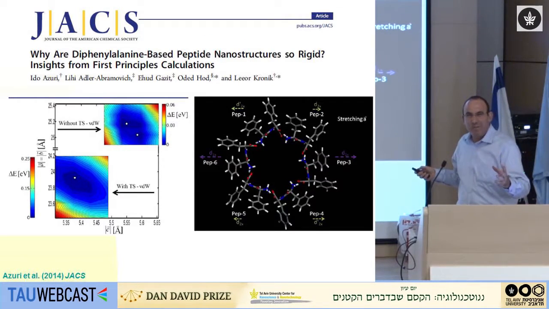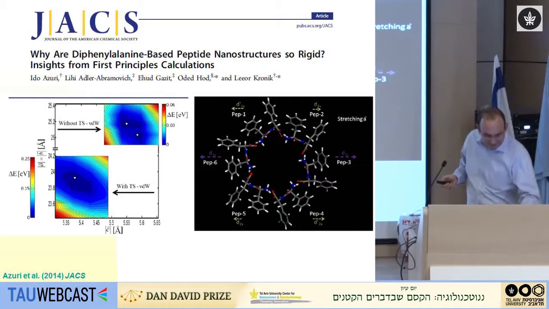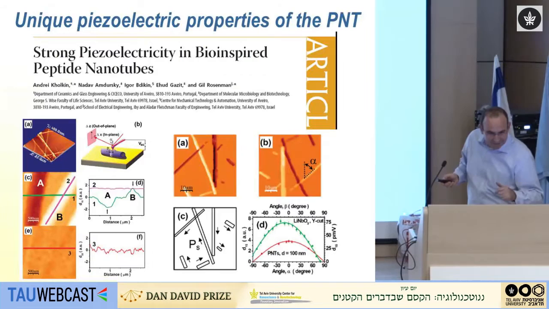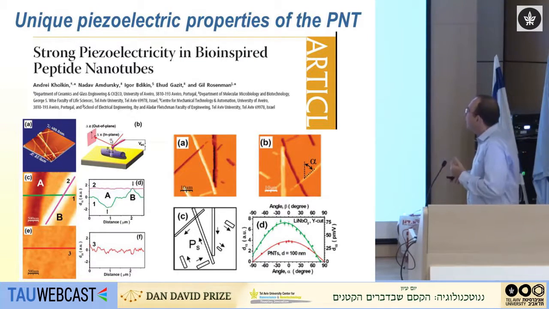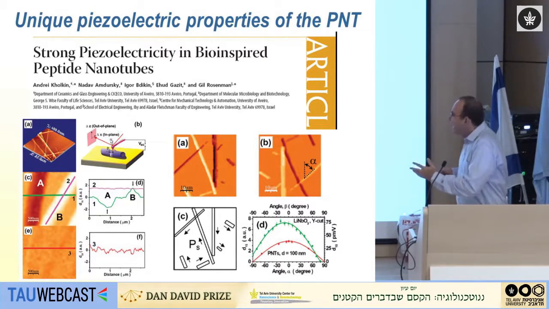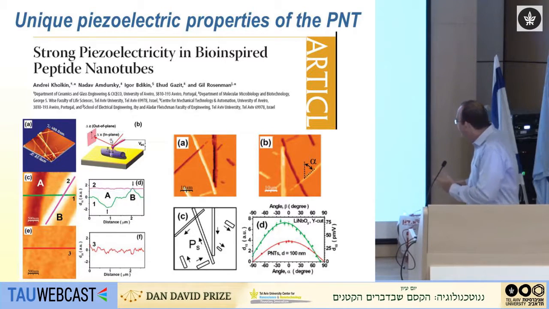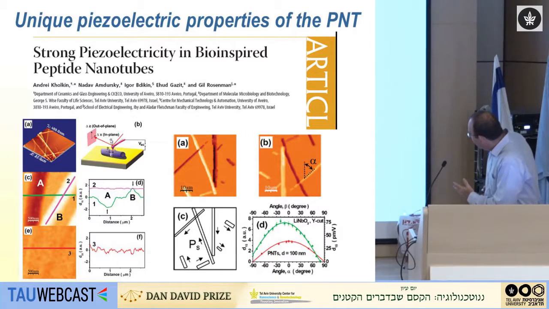This is why I'm trying to convince more and more physicists to get into this work. Later on, again in collaboration with Gil Rosenman, we discovered all kinds of other unique physical properties: piezoelectric properties, similar to the best inorganic piezoelectric material, lithium niobate.